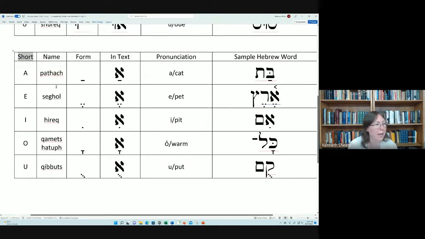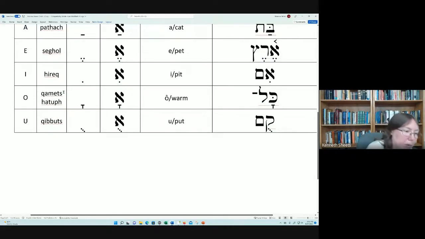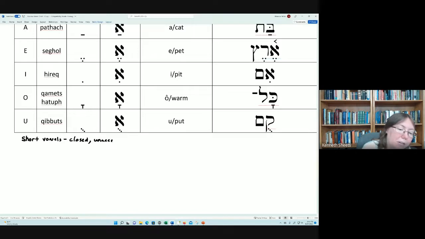Short vowels have a tendency in Hebrew to prefer closed, unaccented syllables. So just a little bit of that side note. We discussed that a little bit when we were talking about the kamets versus the kamets hatuf. So short vowels prefer closed, unaccented syllables.